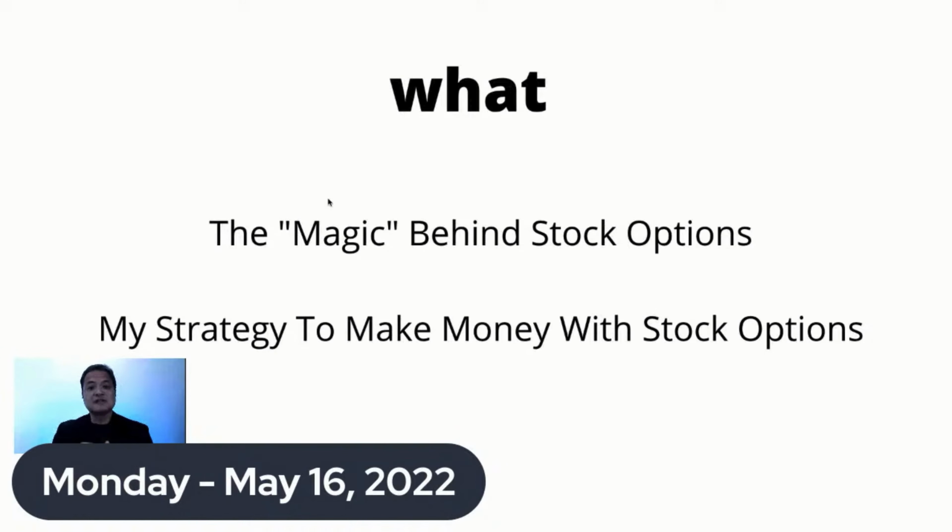And what they're doing is taking a certain measured risk in hopes of making a measured gain. So that's really what it all comes down to. It's not magic. It's applying the processes and the strategy of using stock options to generate an income. And that's what I really hope to share with you, my strategy for making money using stock options.